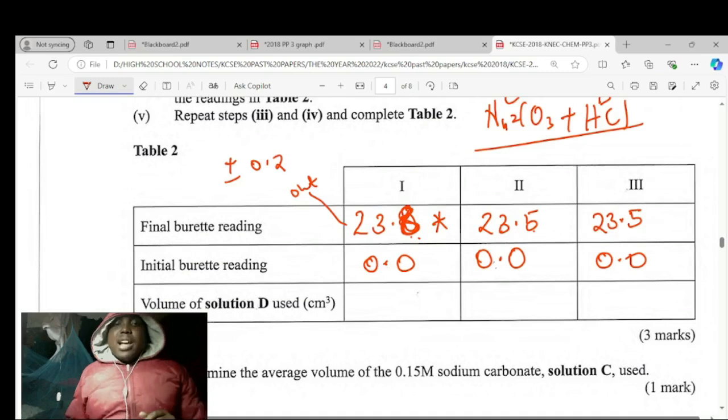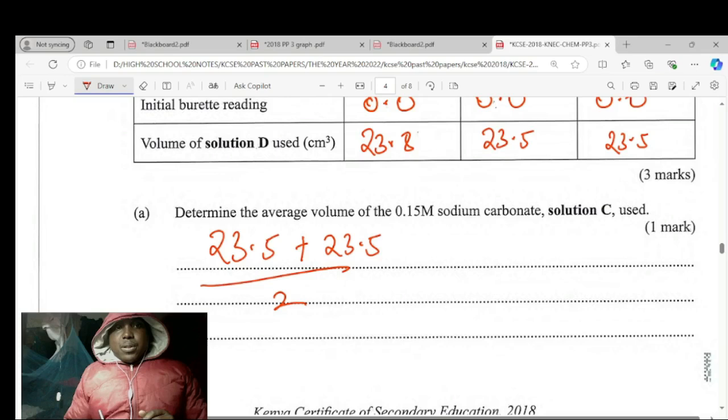So this will be 23.8, 23.5, 23.5. When I go to find the average for solution C, I will do it with two values: 23.5 plus 23.5 divided by 2, because if I include this one it will be an error and I will not get accuracy marks. And this one will be 23.50 centimeters cube.